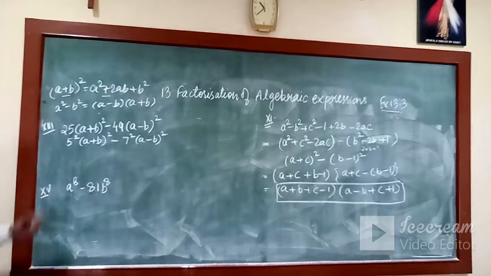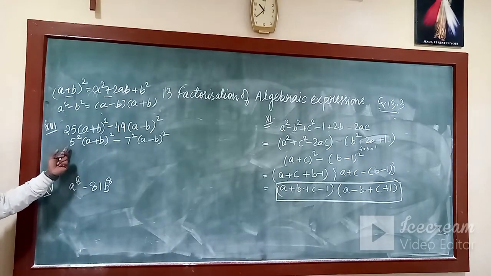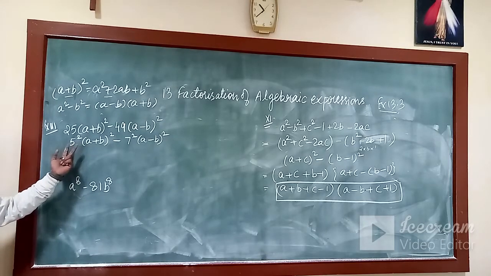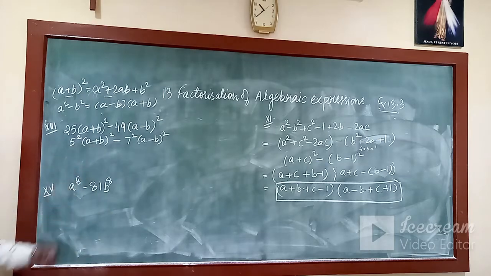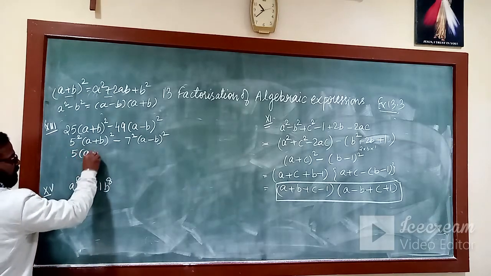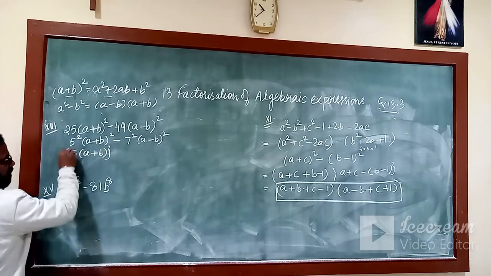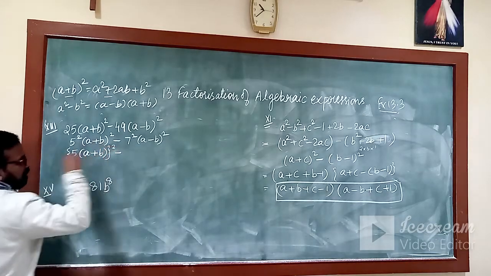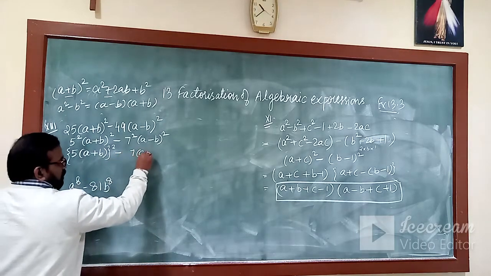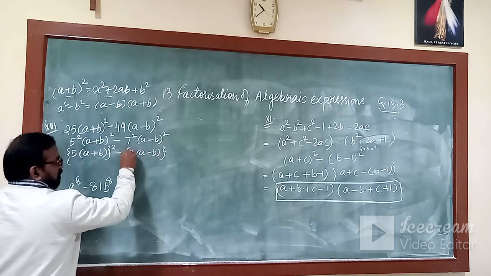Now if you see very carefully, this is a sort of expression that we have studied. So what I can do, I can write it as 5 into a plus b whole square minus 7 into a minus b whole square.